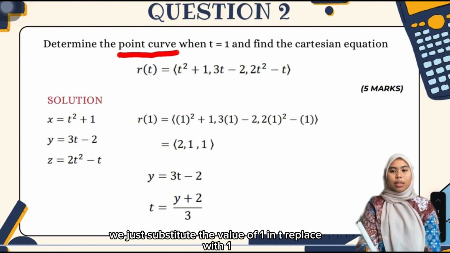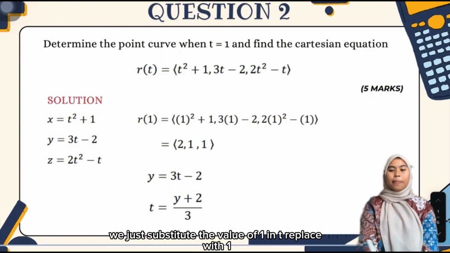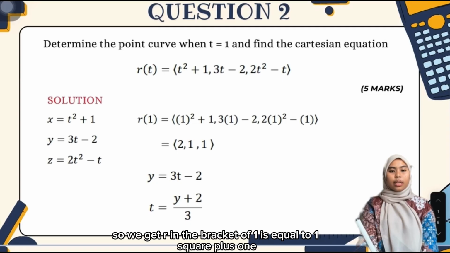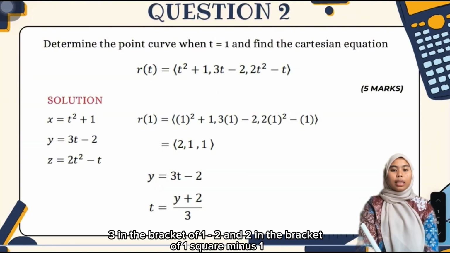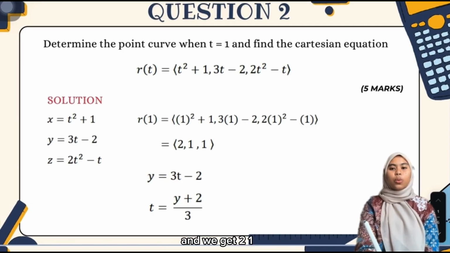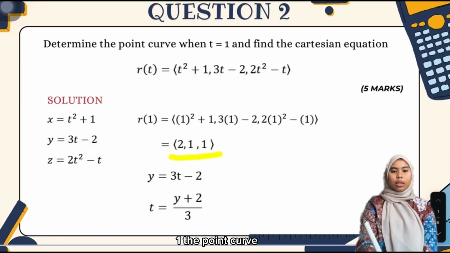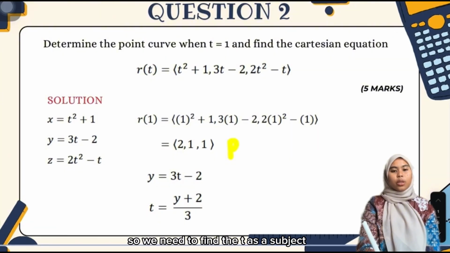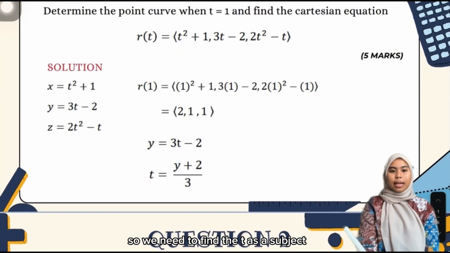We just substitute the value of 1 in t. So we get r(1) = (1² + 1, 3(1) − 2, 2(1)² − 1), and we get (2, 1, 1), the point curve.